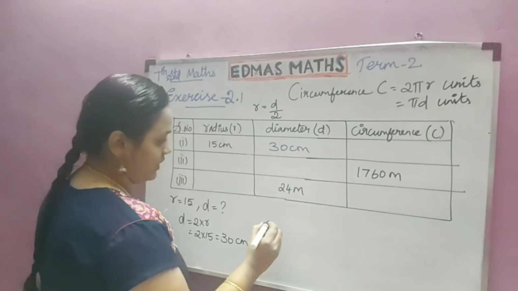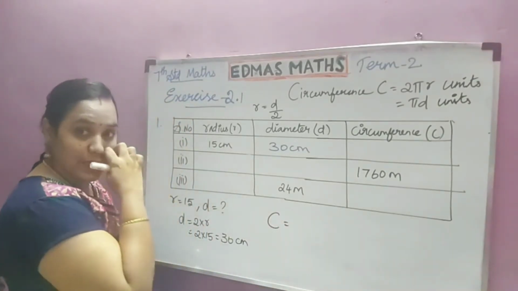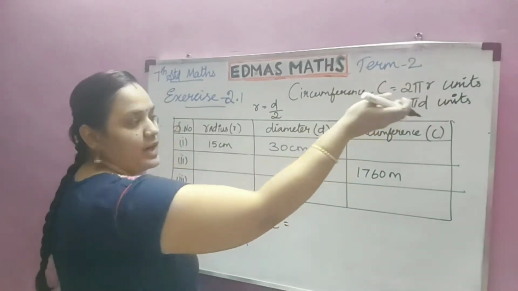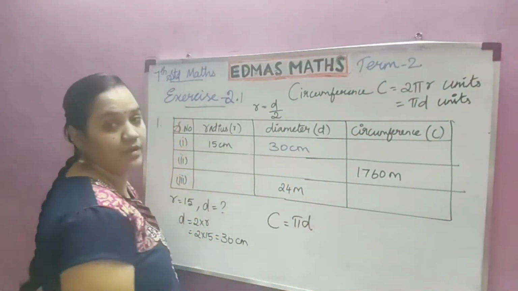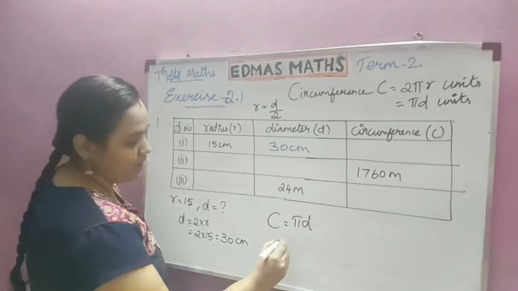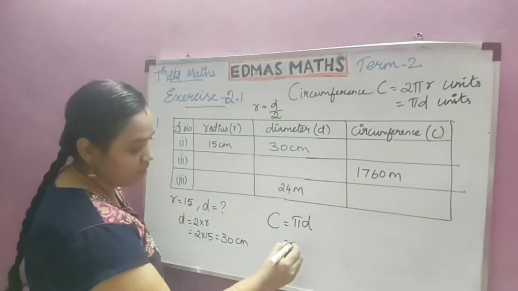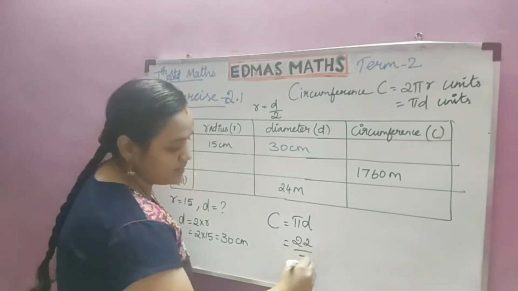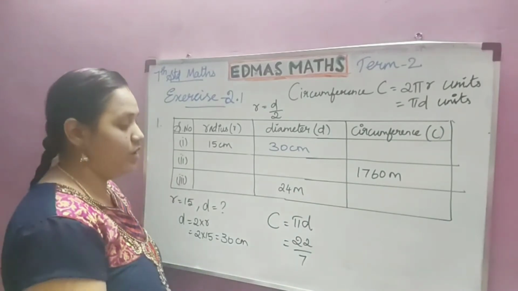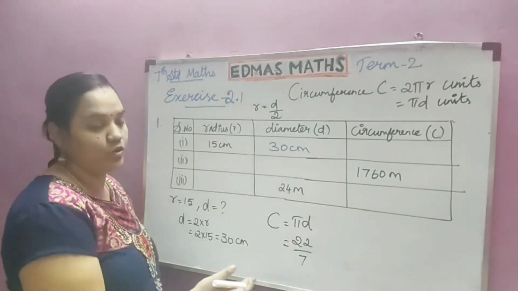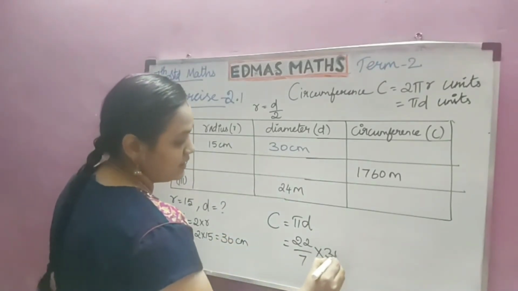Next column, we have to find the circumference. We know the formula. C equals, either you can find it using the radius formula or else we can use the diameter formula. Now I am using pi d. What is the value for pi in your problem? 22 by 7. I explained the value for pi in my previous video. So pi is 22 by 7 and we found the diameter as 30.